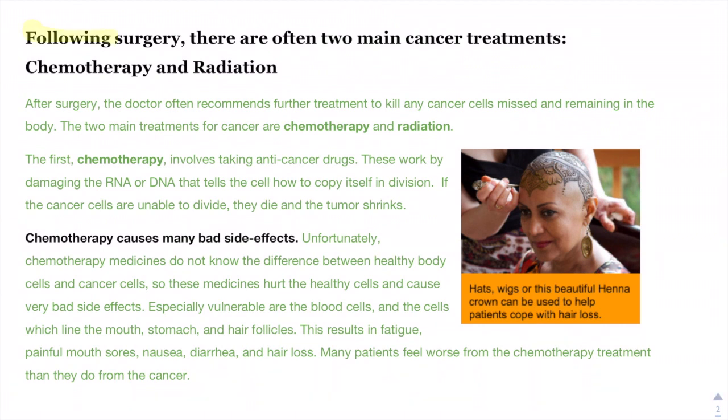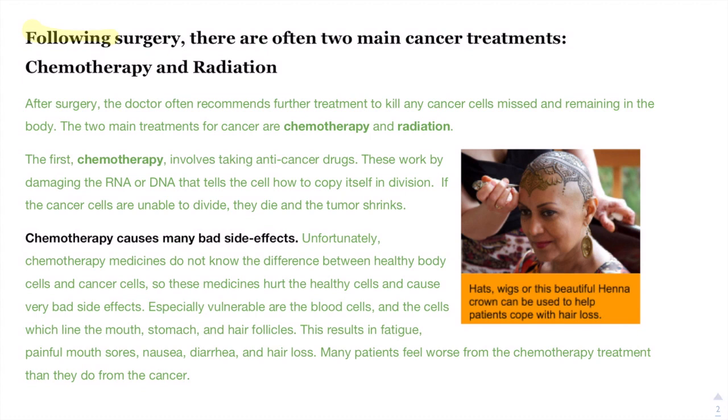Following surgery, there are often 2 main cancer treatments: chemotherapy and radiation. After surgery, the doctor often recommends further treatment to kill any cancer cells missed and remaining in the body. The 2 main treatments for cancer are chemotherapy and radiation.